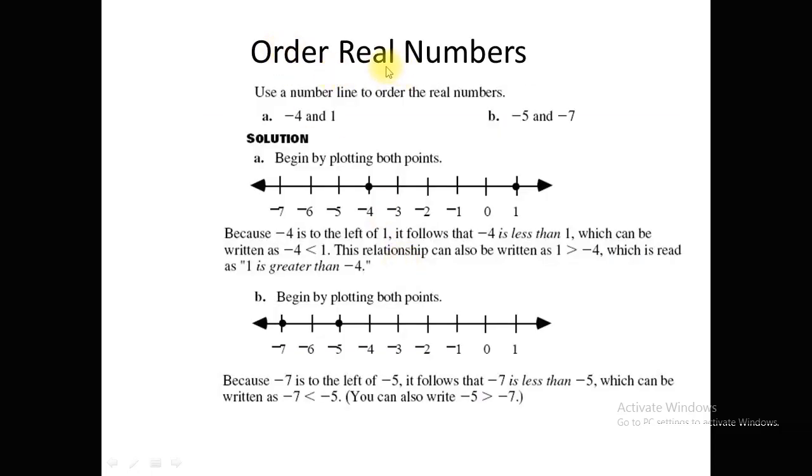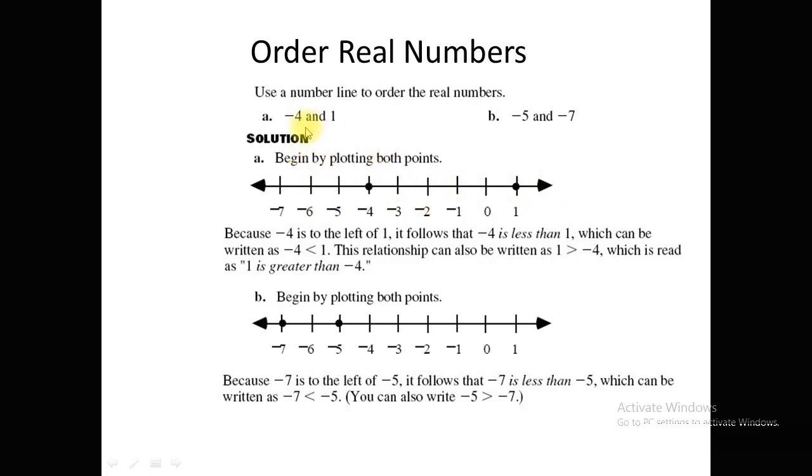Now ordering real numbers. How to put the real numbers on the real number line? Here we have two examples. In the first example we have two numbers, minus 4 and 1, and in the second example we have minus 5 and minus 7. Beginning by plotting both points, put the positive real numbers in this direction, and the negative real numbers in this direction.